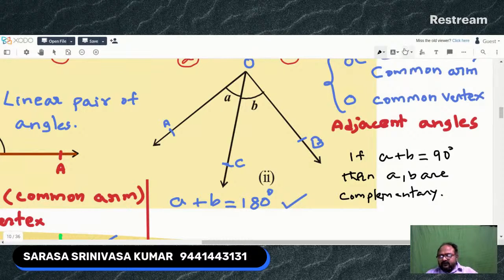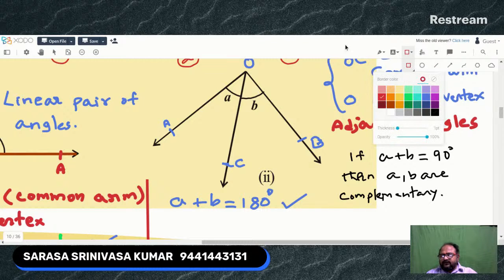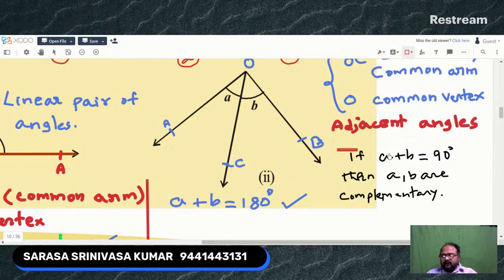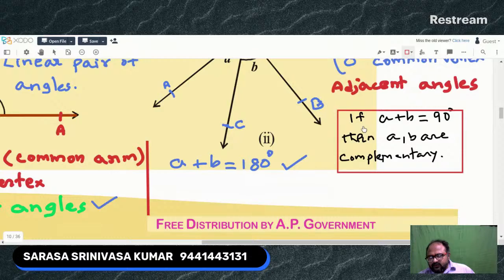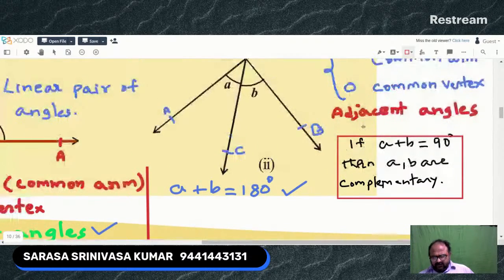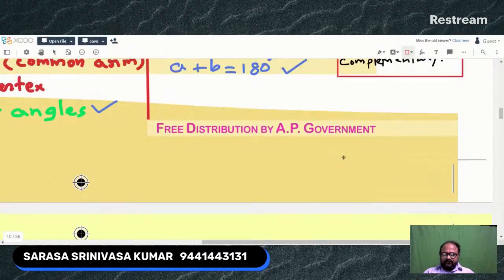So you check whether the sum of the two angles in the diagram forms 90 degrees or not. You should check this. If the sum is 90 degrees, then you can conclude that the two angles are complementary angles.